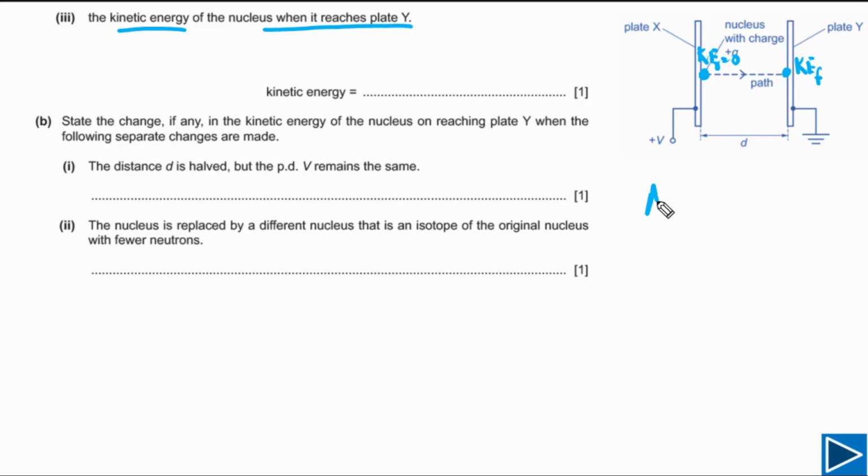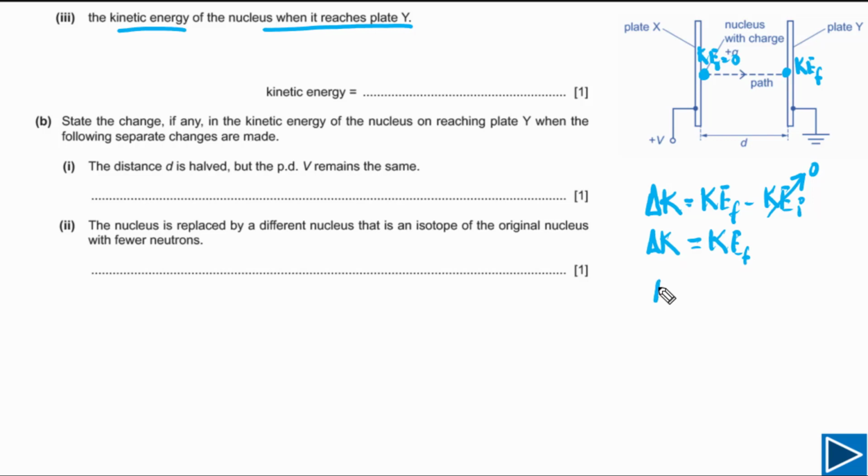The change in kinetic energy will be equal to KE final minus KE initial. But KE initial is equal to 0. It simply means that the change in kinetic energy is equal to the final kinetic energy.